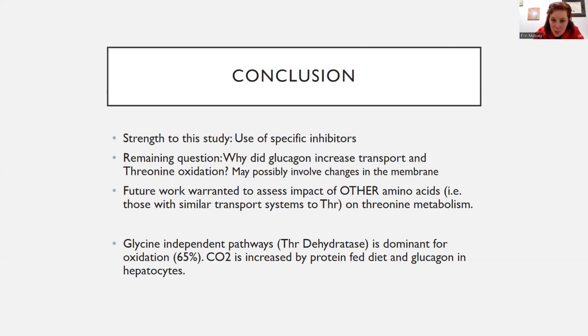Not the ketogenic pathway, but the glucogenic pathway using your enzyme dehydratase was found to be the dominant pathway, shockingly, 65%. And the things that are going to increase threonine metabolism, the high protein diet, at least in rats, and the addition of glucagon in those liver cells, will help that threonine be metabolized.